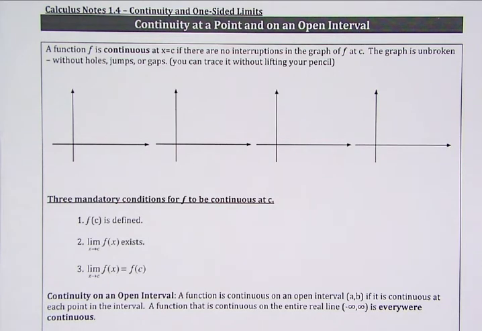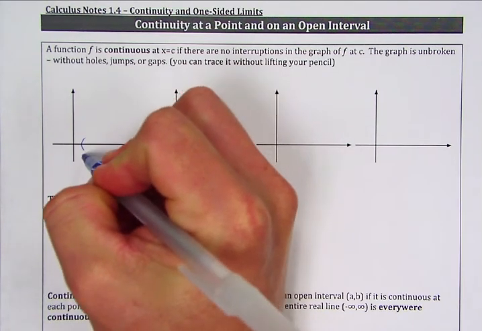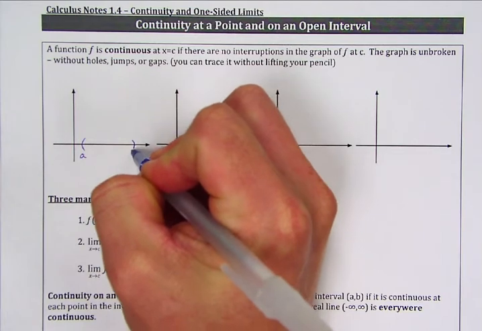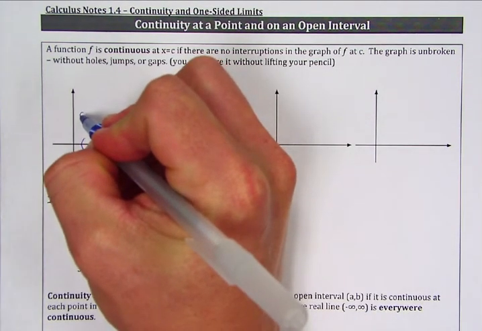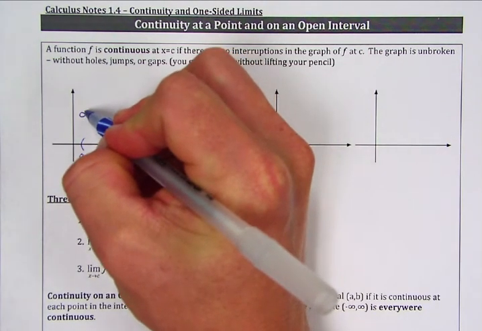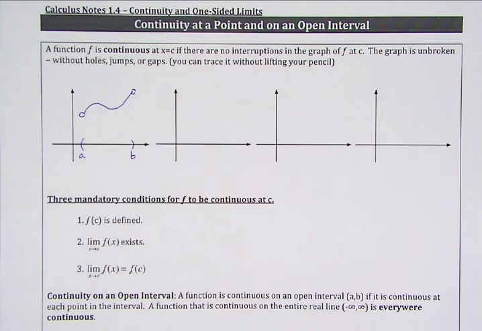So we're going to do this on an open interval. We're going to use the parentheses here to indicate that, which means we don't actually care what's happening at f of a, or at f of b.